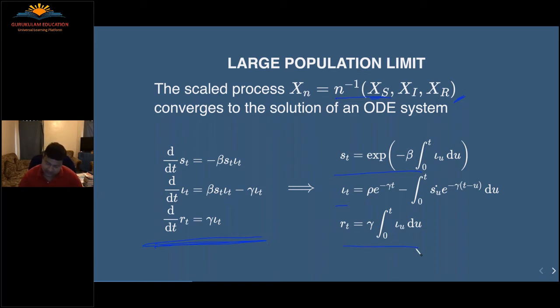The reason is, as soon as I write it as e to the power minus beta times the integral of the proportion of this, you will realize that the quantity inside is nothing but the limit of the cumulative infection pressure, the Sellke construction.